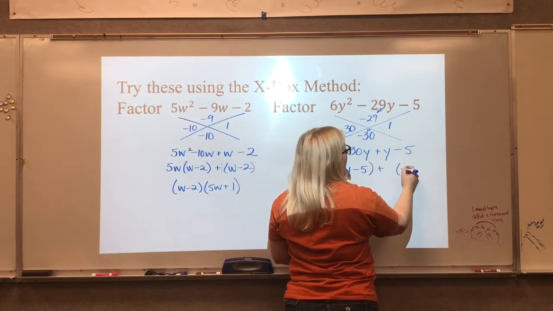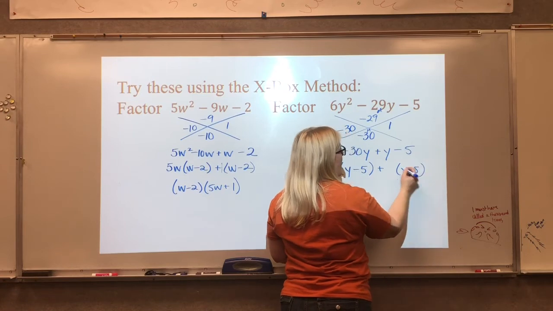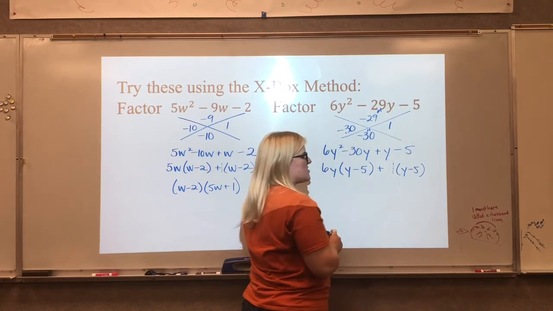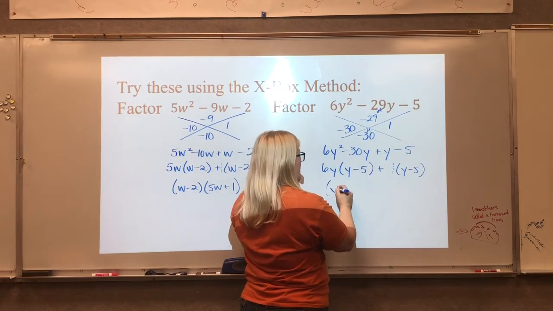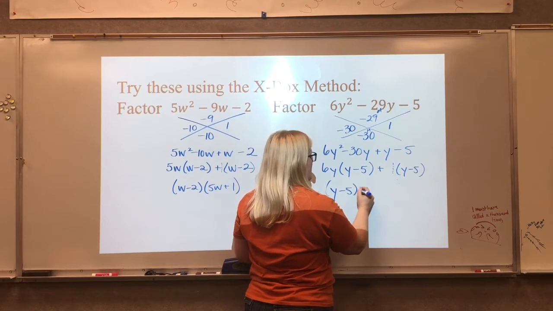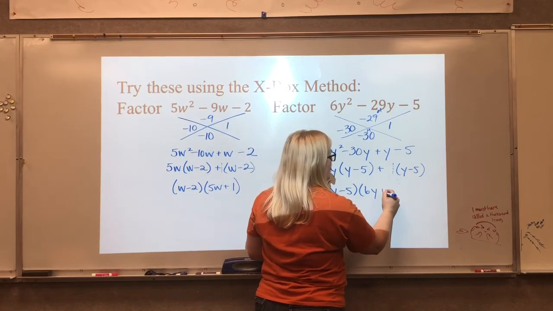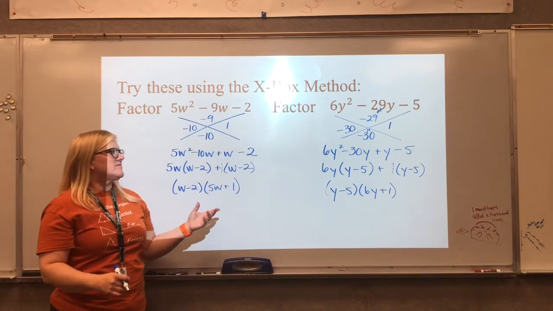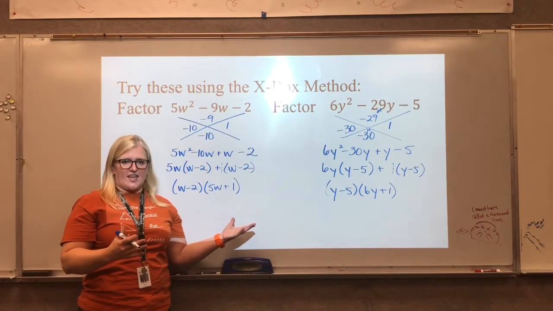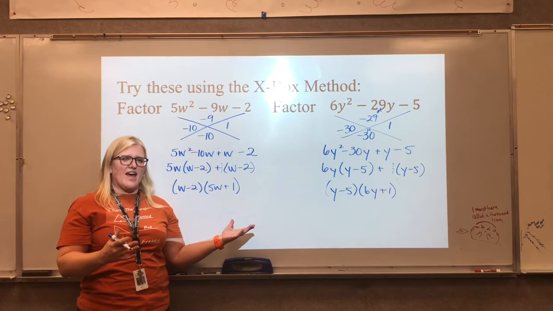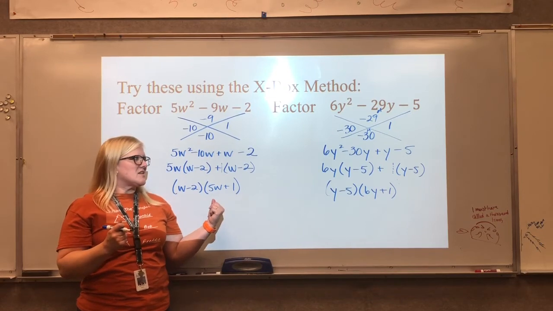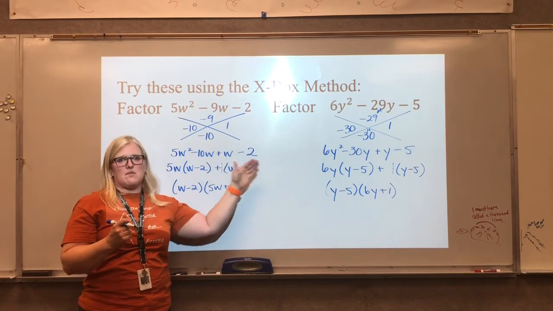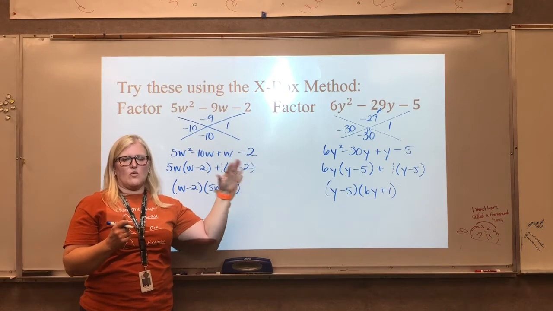And then over here I have y minus 5 with, again, my invisible 1. So it's y minus 5 times 6y plus 1. So you're not guessing and checking, so it's a little bit easier in that sense, but you have to memorize the steps. You have to know what it is that you're doing.